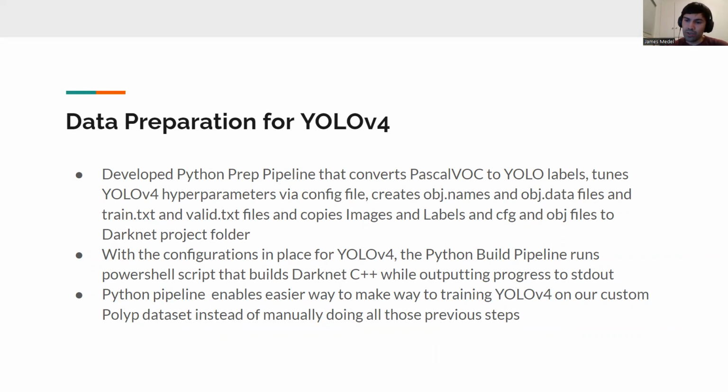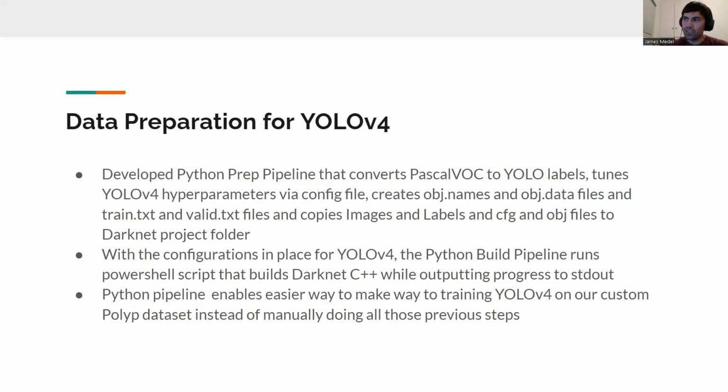So what I did was I created a Python preparation pipeline so that in future cases when I need to train this object detection model on a custom data set, such as polyp or another one, I have Python code in a Jupyter notebook that makes it very easy to walk through the steps of running the Python code and automating the whole preparation that's needed before we actually get to training the YOLO model. And it makes it a smoother process, I found.